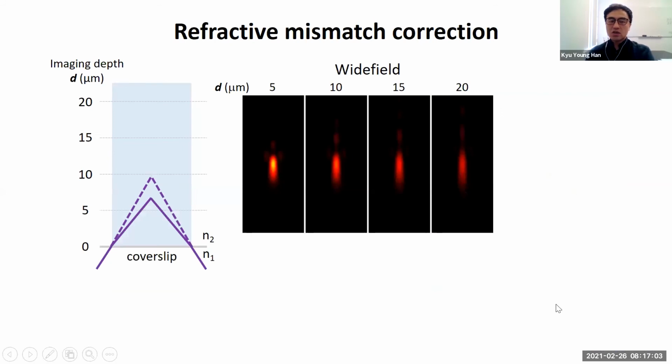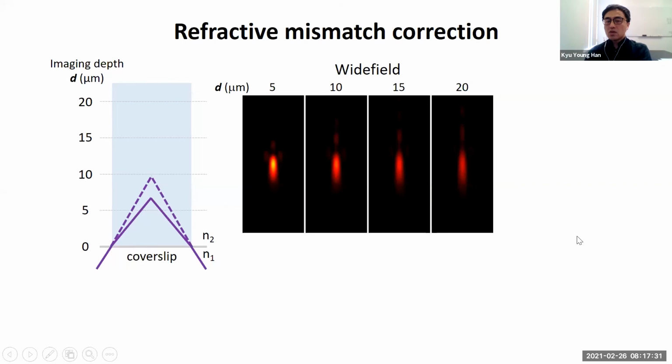In live cell imaging, we observe a refractive index mismatch aberration problem with widefield, because we use oil immersion and a water medium. In that case, depending on the imaging depth, we see the PSF quickly degrade. The main problem is that the peak intensity is dropped significantly.